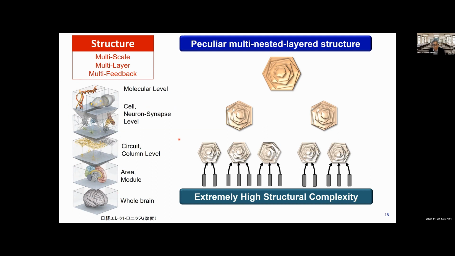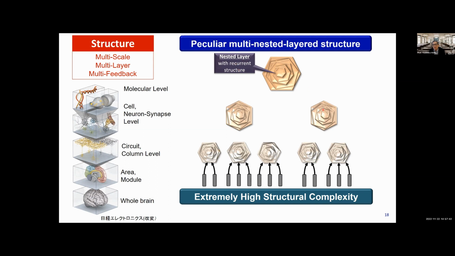And if you look at the circuit level or area level, you will find this kind of peculiar multi-nested layered structure. Okay. So this figure, like a rose flower, includes neural networks, which are actually recurrently connected. So we call this nested layer with recurrent structure.